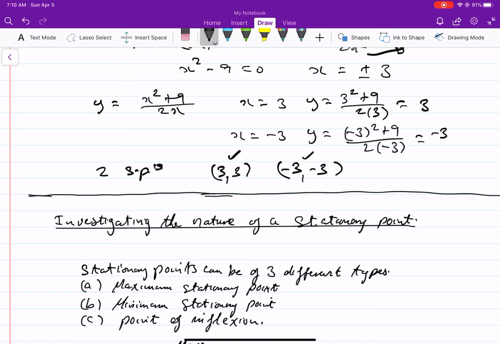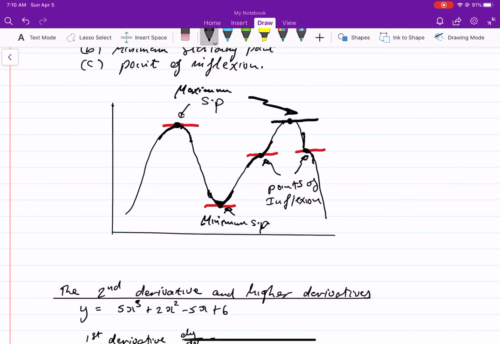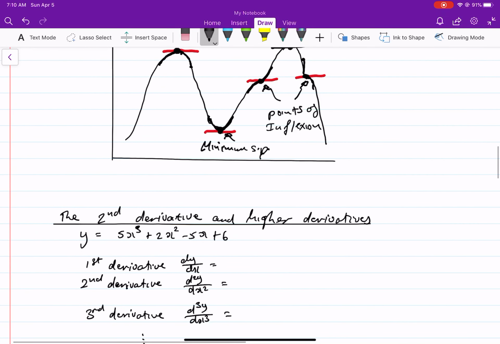I don't know what type of stationary points they are. Is there a way we can test to see what type of stationary point we have? And the answer is a resounding yes. There is a test. In fact, there's more than one test that you can carry out to determine what type of stationary point you have.